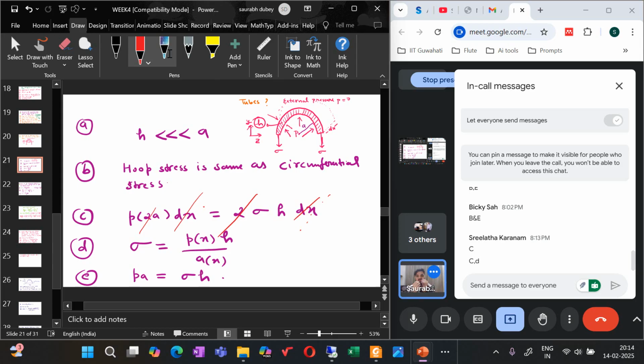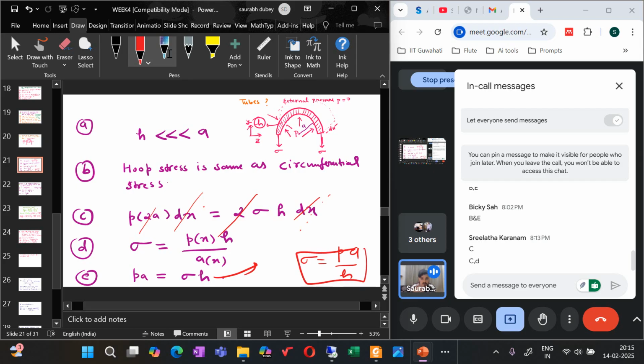You are left with the same thing, which is option E. So options C and E are obviously correct, right? And based on that, if you solve it from this particular option, you are getting that sigma equals P into A by H, right?